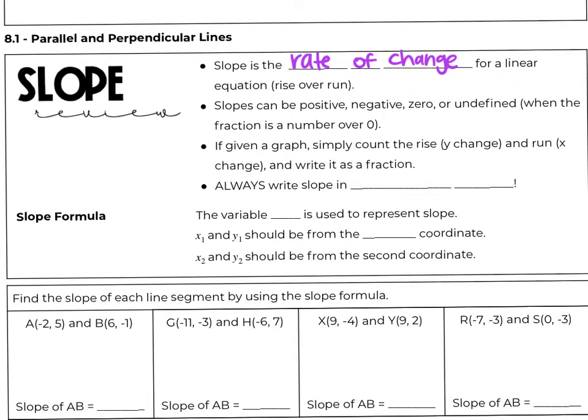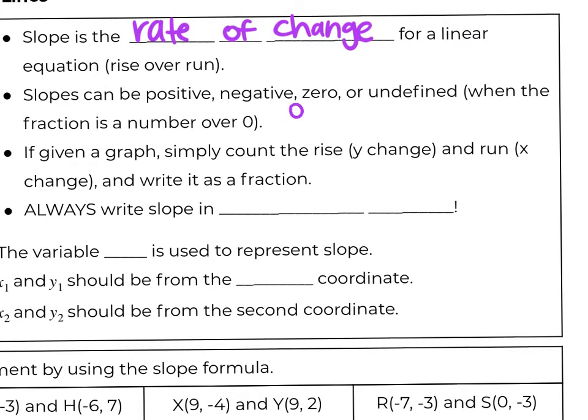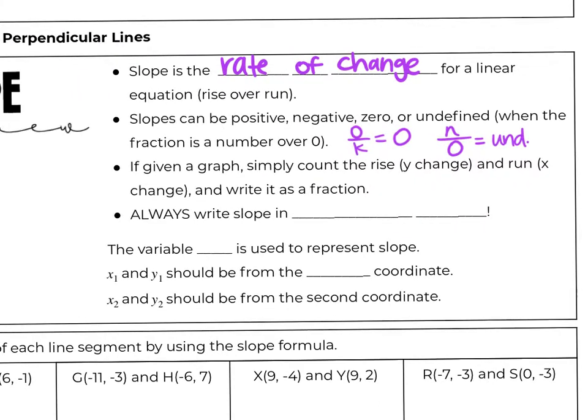The way I remember that is if it is 0 over any number, so I'm going to use k for my variable, that's okay, and it equals 0. If it's undefined, it's a number, so I'll use n for my variable, over 0, and that is no, so undefined. That's just kind of how I remember it, a little trick.